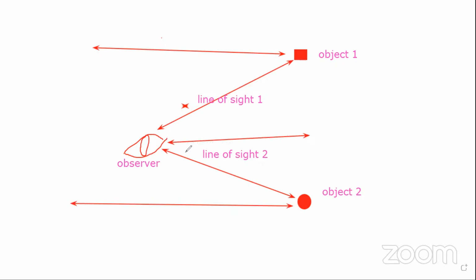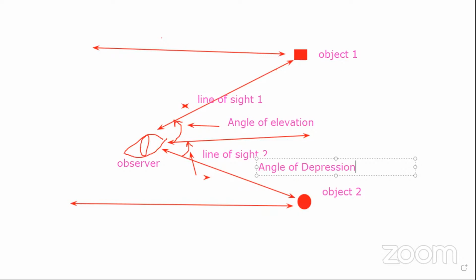So this angle, and one is this angle. This object 1 is above the observer, so we can call it the angle of elevation. And object 2 is below the observer, and we can call it the angle of depression.